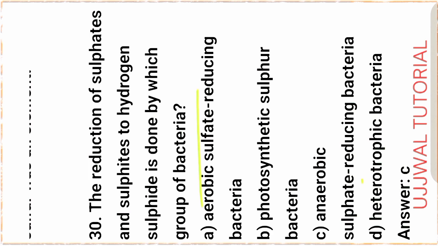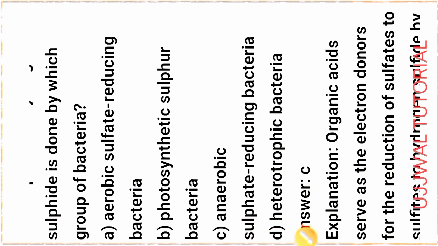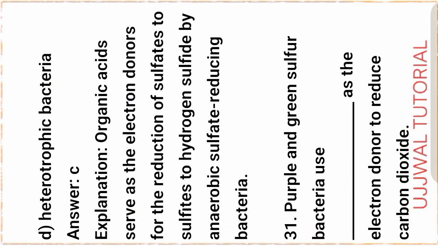Organic acid serves as the electron donor for the reduction of sulfates to sulfides to hydrogen sulfide by the anaerobic sulfate reducing bacteria.